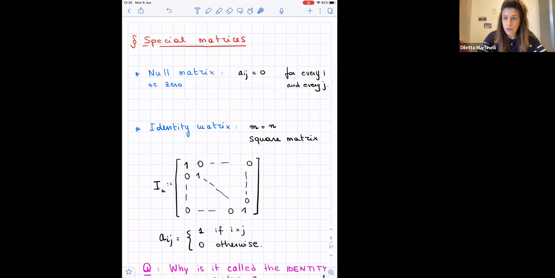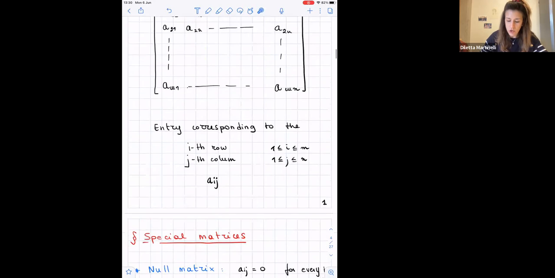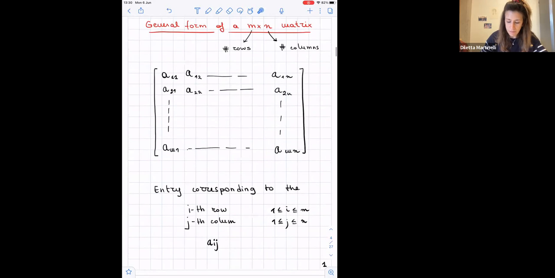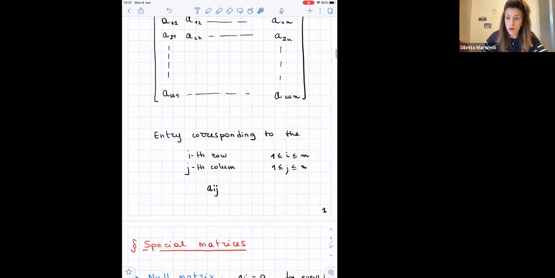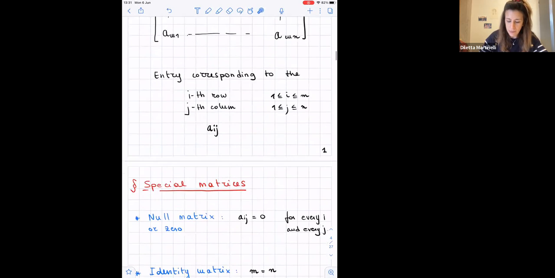Okay, I see more people connecting, so maybe some people were joining at 1:30. Hello, Laila, welcome back to the second session. We just started with a quick recap. We recalled the general form of a matrix, and now we started focusing on matrices that have a special form.